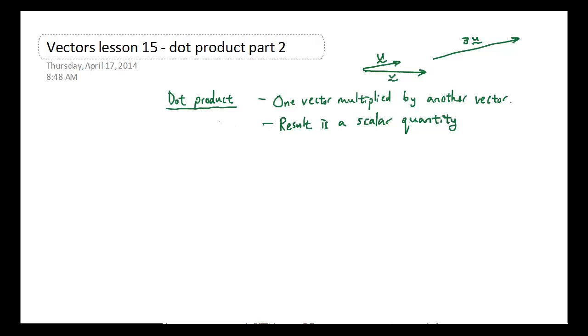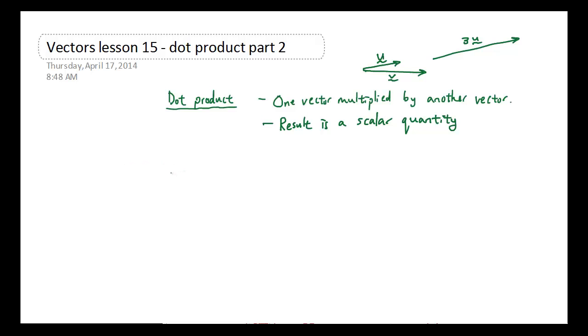Okay, so when people talk about the dot product, it means one vector multiplied by another vector, and the result is actually a scalar quantity. Now there's another type of vector multiplication called the cross product, which we're going to talk about at a later time. So let's go more into the dot product.